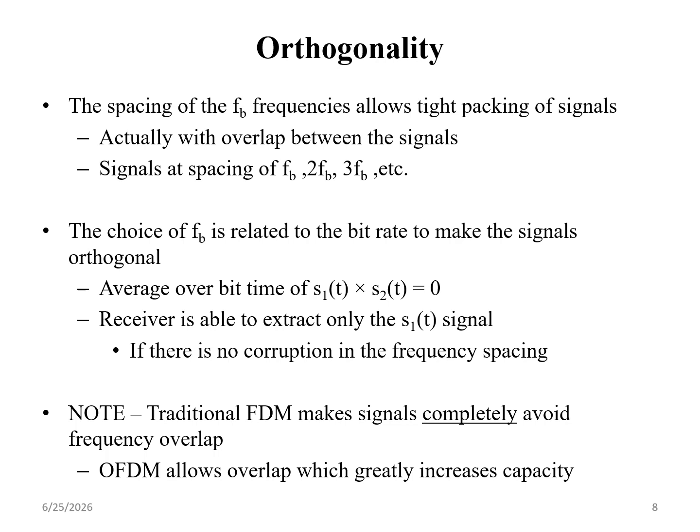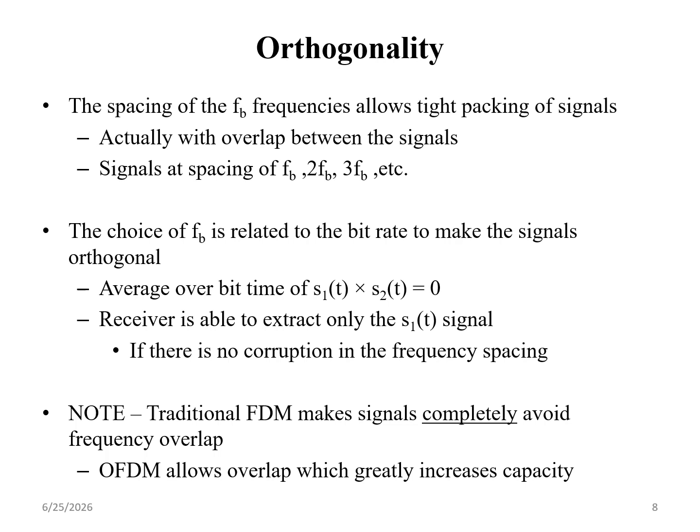Now the second point: the choice of frequency bandwidth is related to the bit rate in order to make the signal orthogonal. Once you make the signal orthogonal, then only it is going to be OFDM, orthogonal frequency division multiplexing.